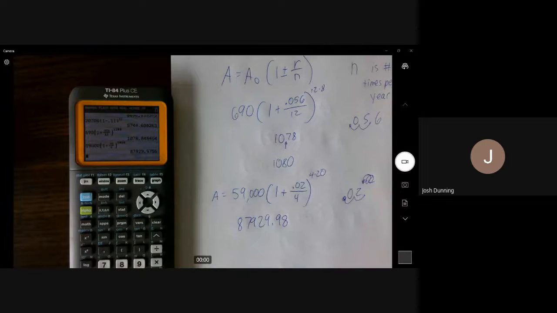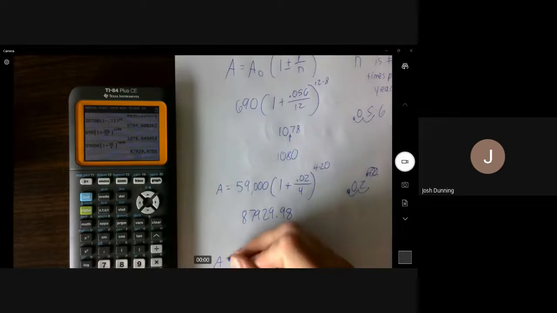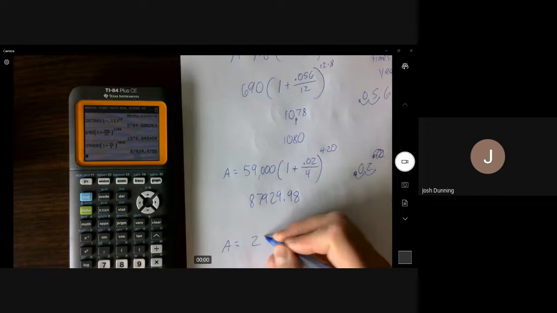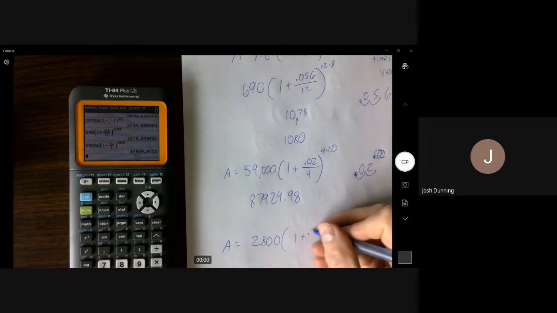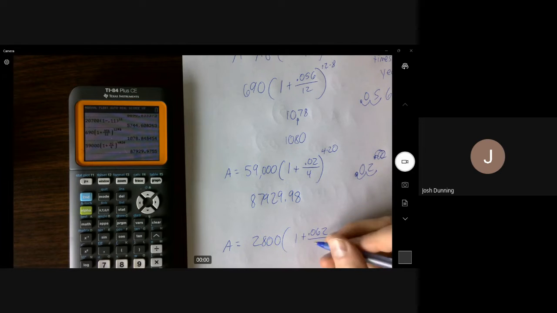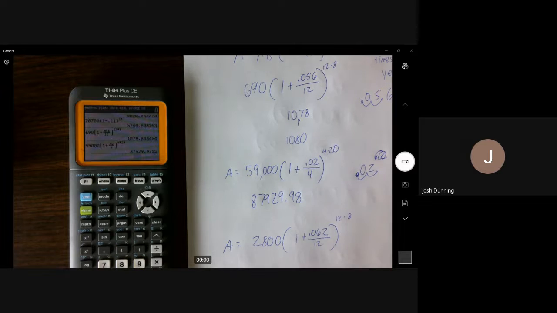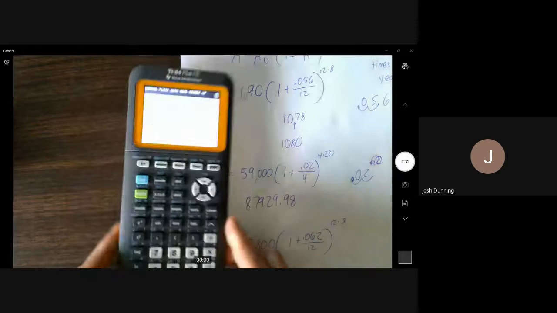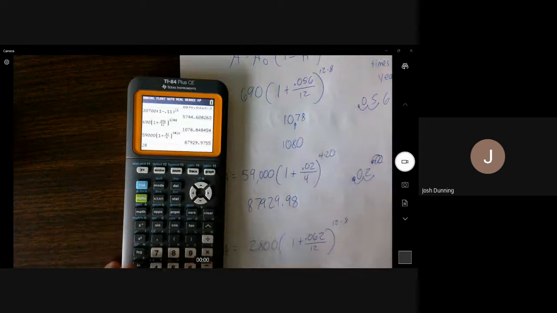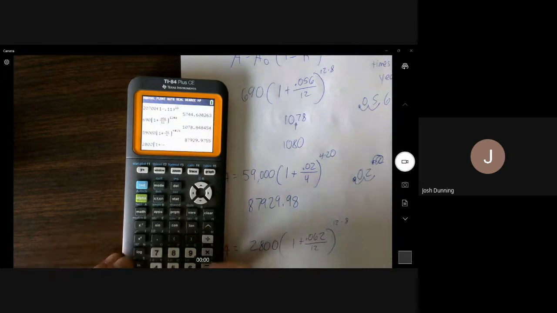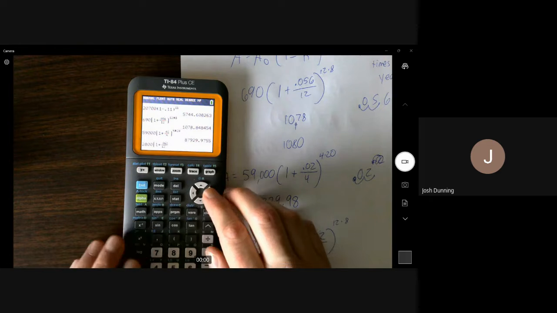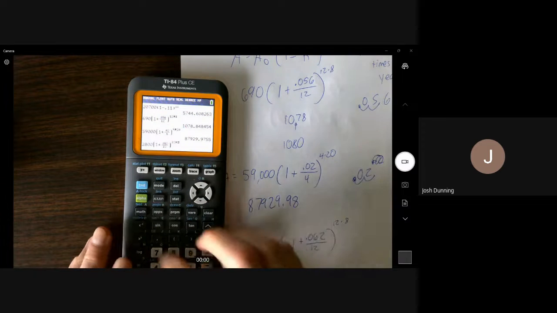So autumn, A0 starting amount, 2,800 times 1 plus 0.062 all over 12, to the 12 times 8 years. Type this in. And again, it's back to nearest $10. Oops, 0.062 all over 12. Close it. 12 times 8 power.